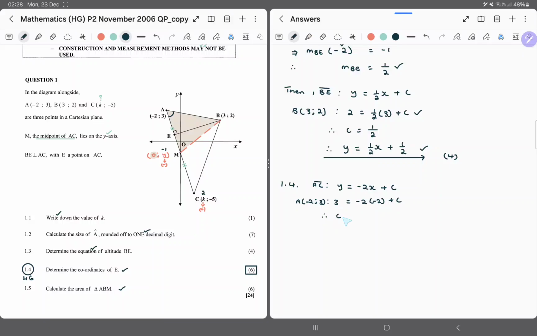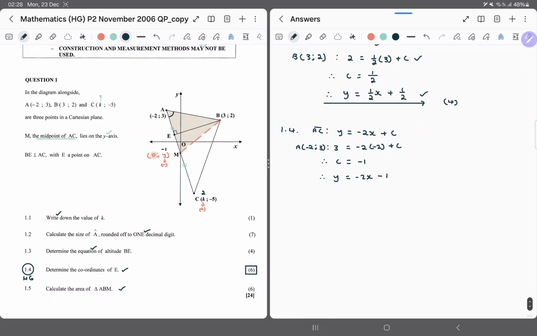Therefore, we can see that our c becomes, this is 4, we transpose, we get minus 1. And we saw that this was minus 1, so it's really good. Therefore, y is equal to minus 2x minus 1. That equation is important because we need to solve simultaneously.